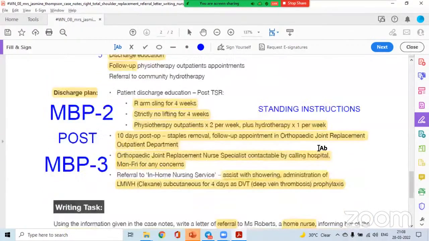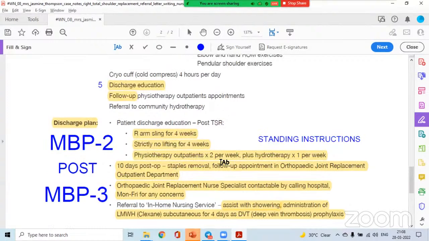Okay. Now, physiotherapy outpatients. Twice per week. And hydrotherapy. Physiotherapy sessions twice weekly in the outpatients department, as well as hydrotherapy once a week, have been scheduled. Okay.